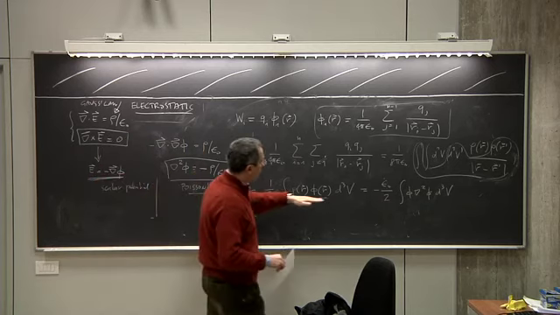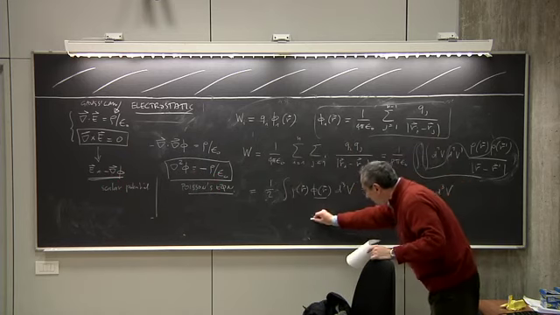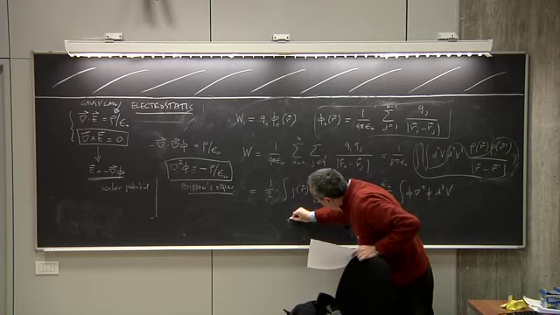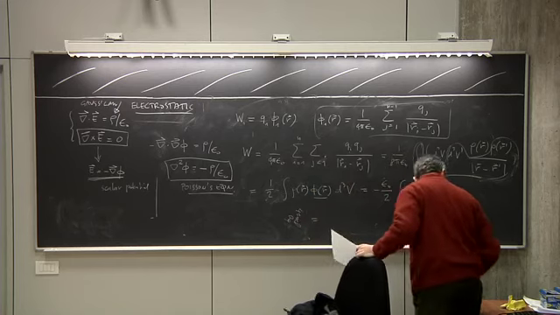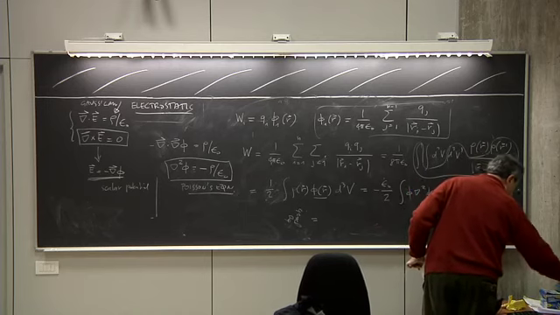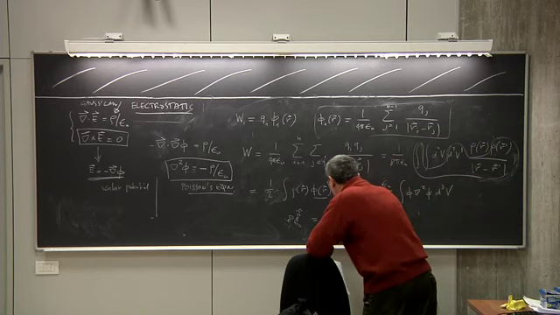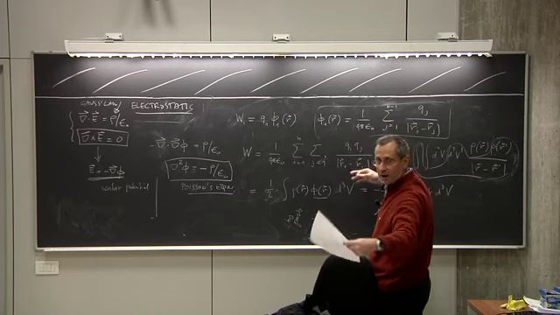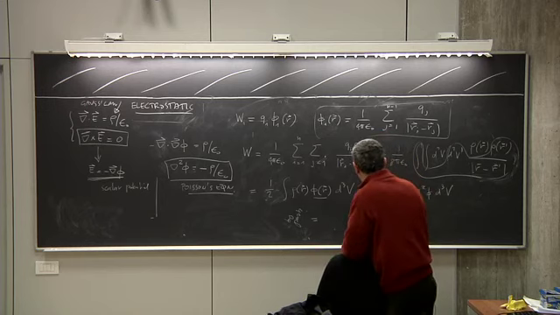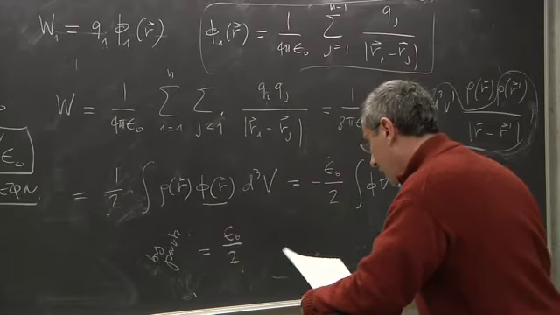So I go from here to here. And then I do this integral by parts. By parts, I have one part that goes very far away, and as usual I drop it, and so I get epsilon 0 divided by 2, so the minus becomes a plus.